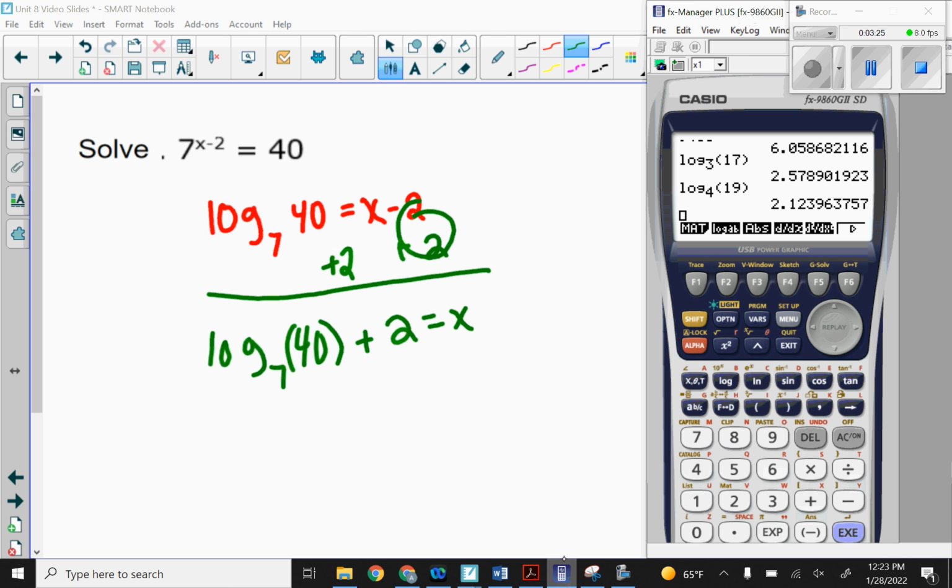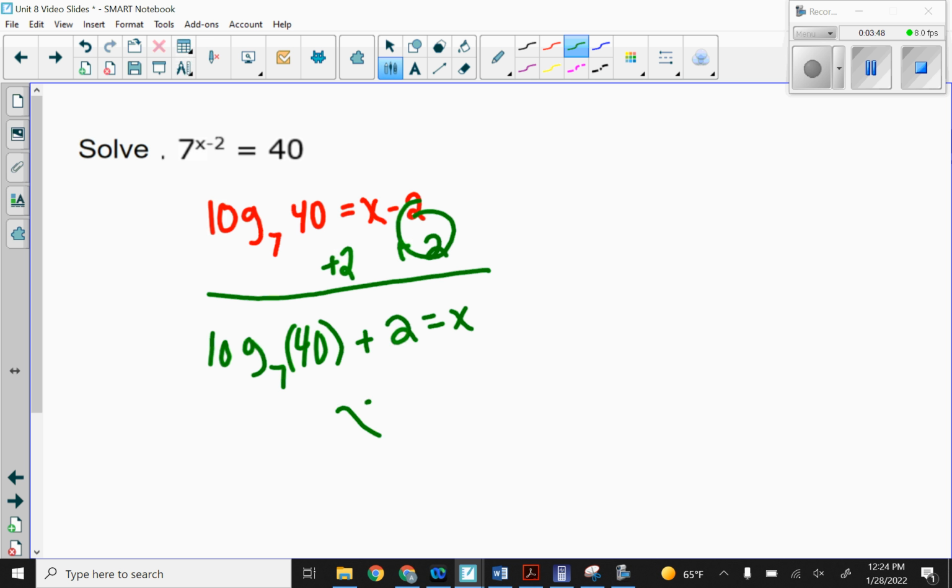So now when I type that in, log base 7 of 40, make sure to move outside of those parentheses, plus 2. And that would round to 3.9. So x is approximately 3.9.